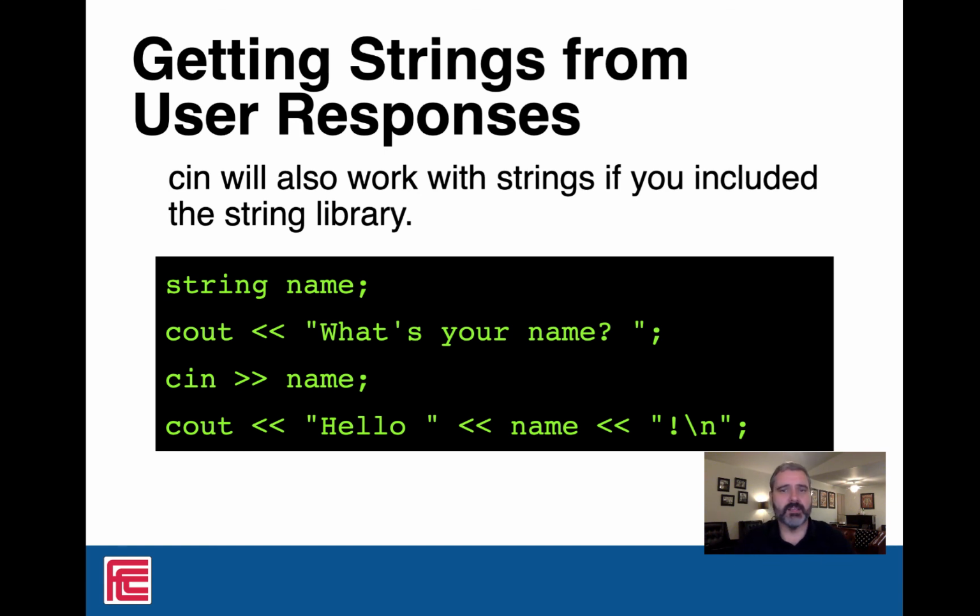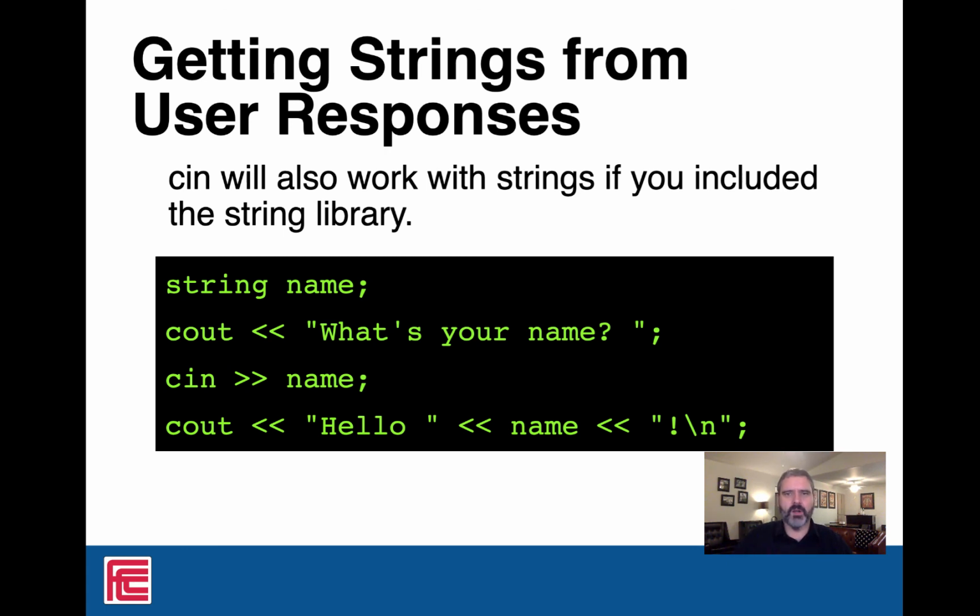Here, I'm doing the exact same thing with strings. I believe you have to have the string library in order for cin to work with strings, but I'm not entirely sure about that. But I suggest you do it anyway. So here I create a string called name. I say cout, what's your name? And then cin name. That's going to cause execution to halt. Blinky cursor.